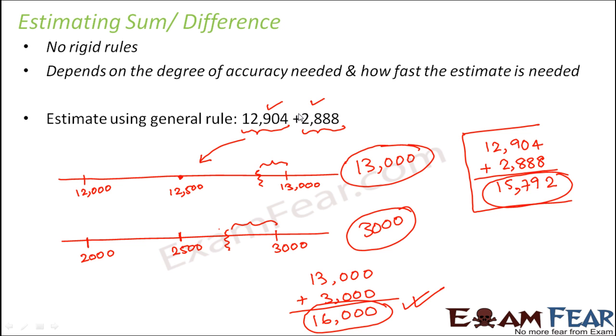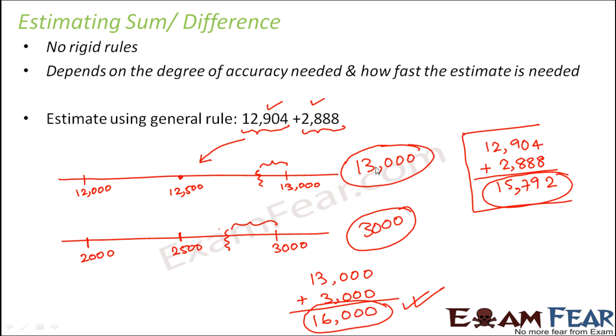But if I round it off to the nearest tens, then the accuracy would be more, because you are getting a more accurate number. The disadvantage is that the process will become slower.